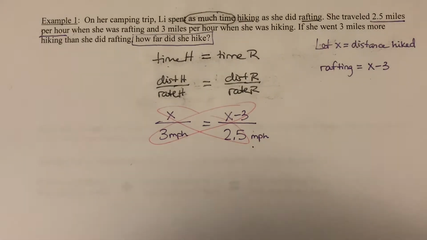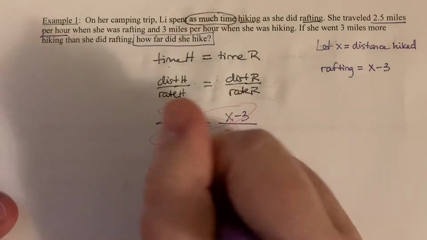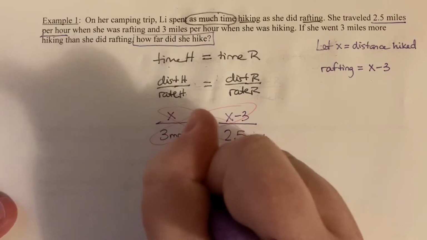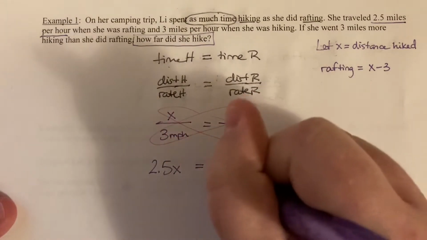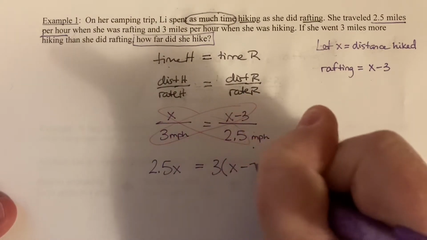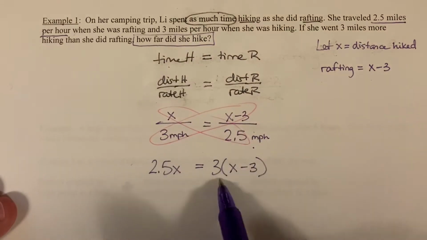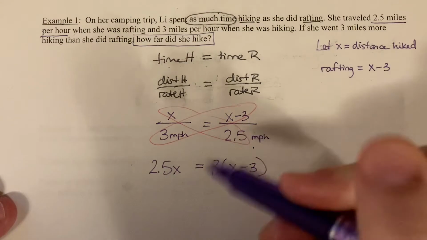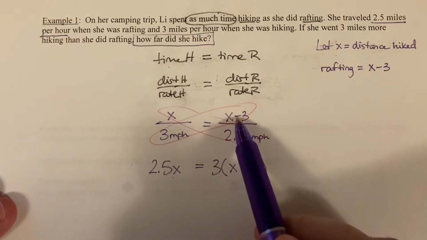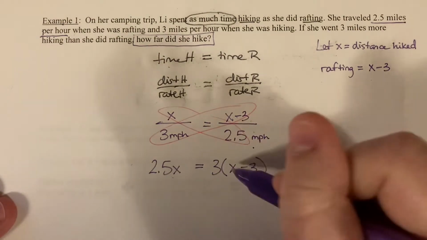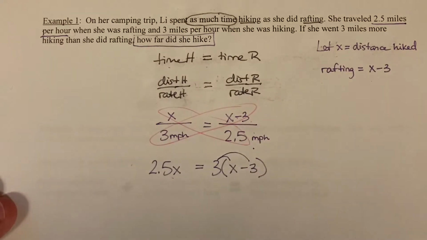But if it's fraction equals fraction, we totally can. So that gives us 2.5x equals 3 times x minus 3. And we definitely need parentheses around the x minus 3. The x you could put in parentheses, but it's the minus 3 that makes it so that we're going to need to distribute in the next step.